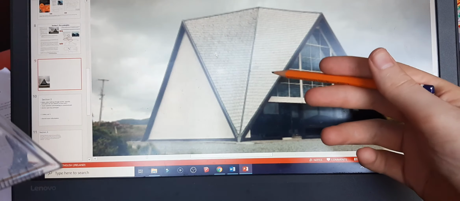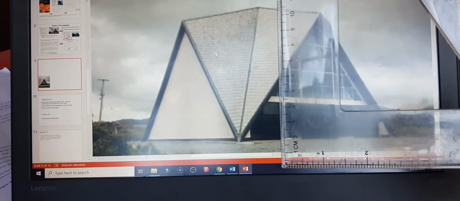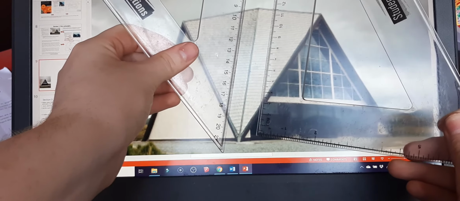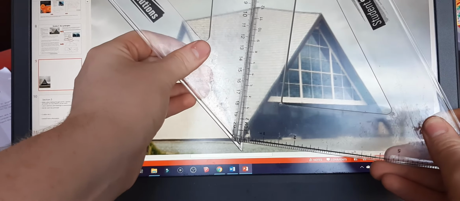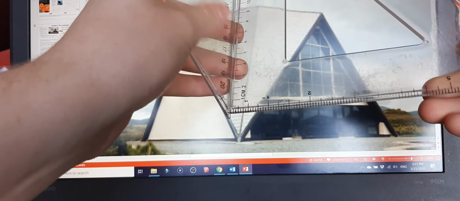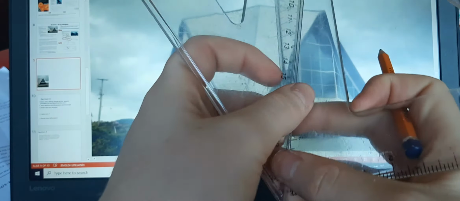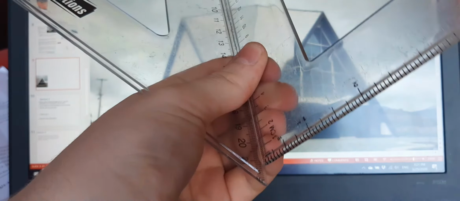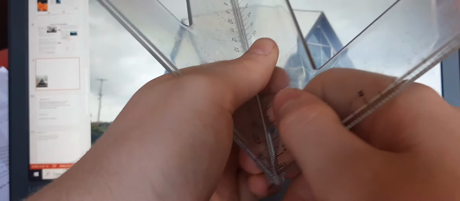If I have it right here, if this is this set square and this is the other one, if you put them together, so if I put them together and turn it up, now this is going to be like a 3D visual. I'm going to hold this with one hand so I can show you.